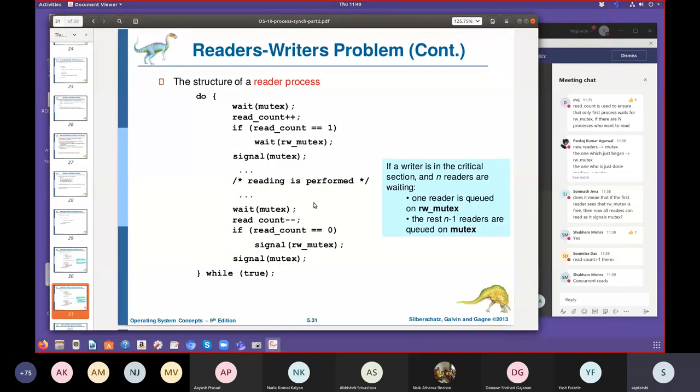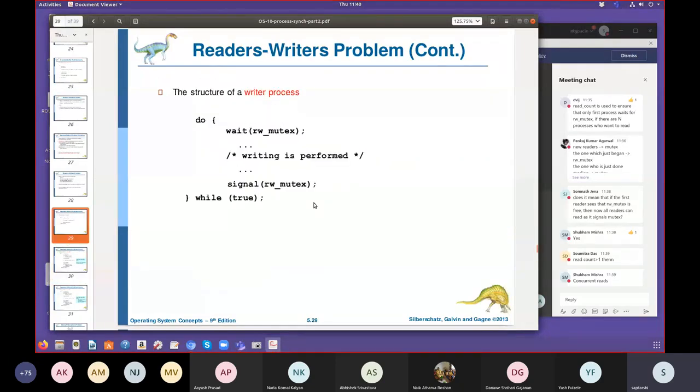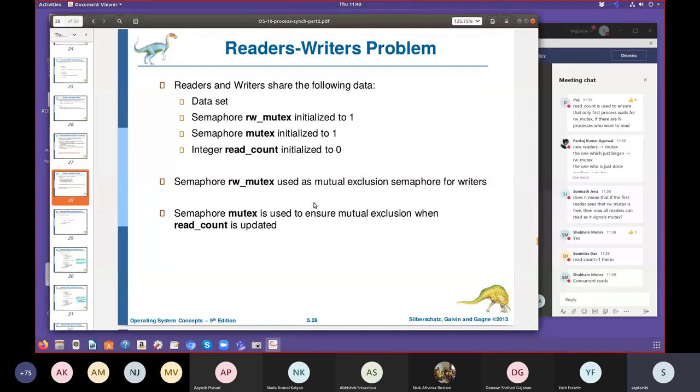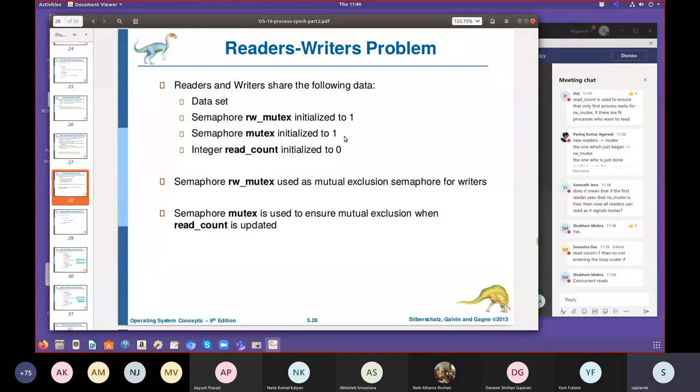What was mutex initialized with? Let's go back. Mutex was initialized to 1.